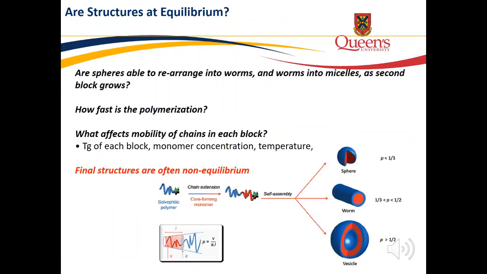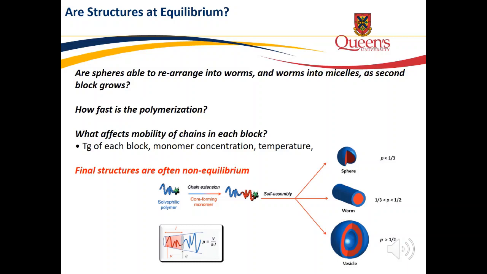Now, to get to this other question that I alluded to earlier, are the structures at equilibrium? And the answer is sometimes. It really is a question of how fast the polymerization is happening, how fast the chains are growing, and the mobility of the individual chains, their capability to rearrange themselves into the thermodynamically preferred configuration.